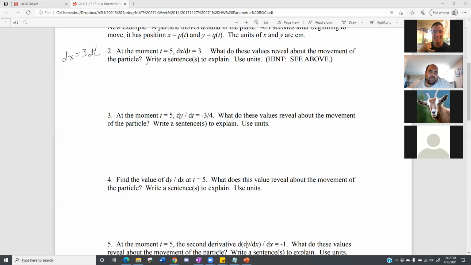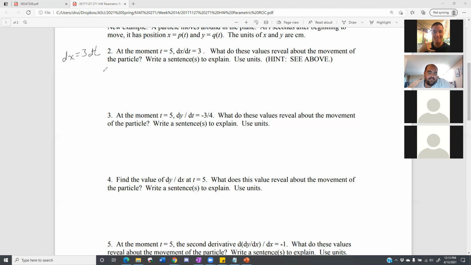Can someone else give me their description of this situation? I put, for any change in t near 5 seconds, the particle is moving at a rate of 3 centimeters a second in the x direction. Okay. Both of those have a lot of commonalities. Both of those are pretty good.